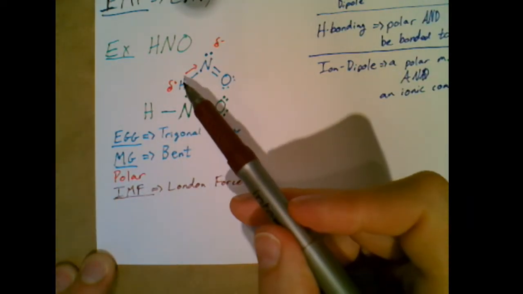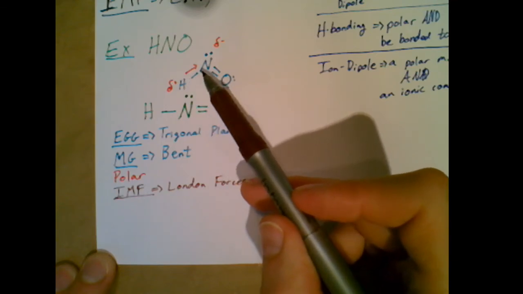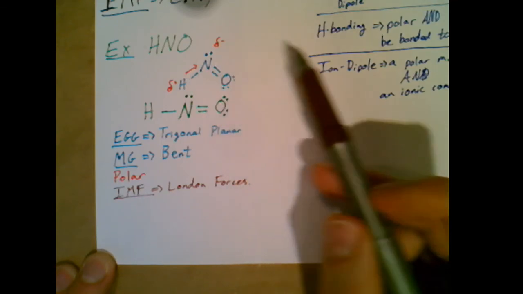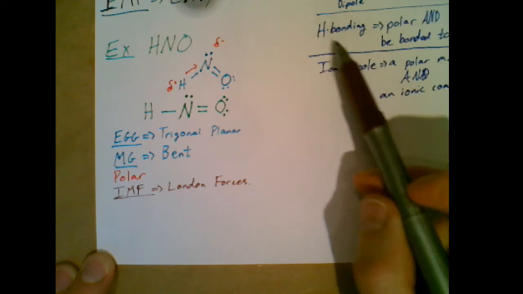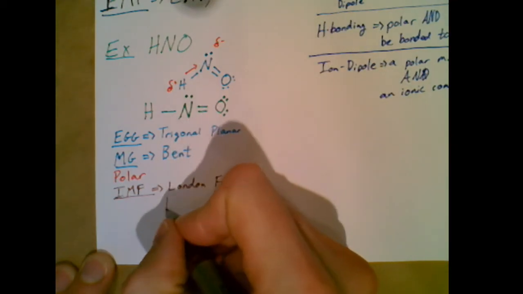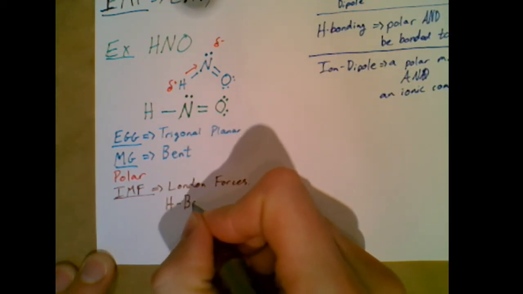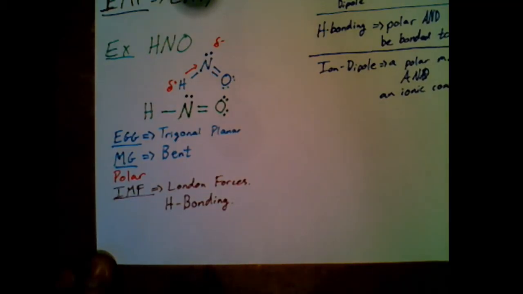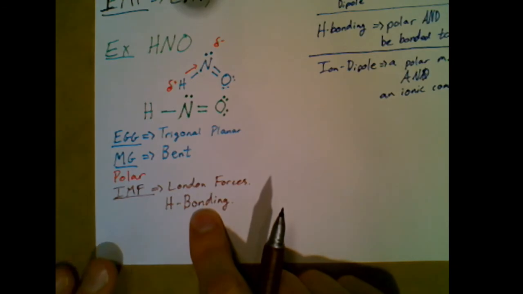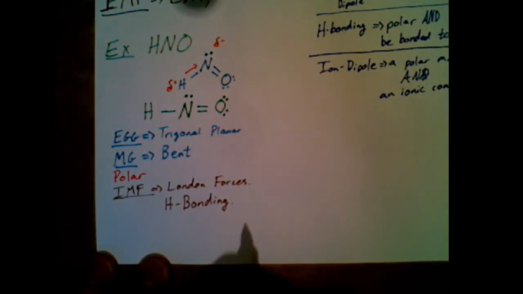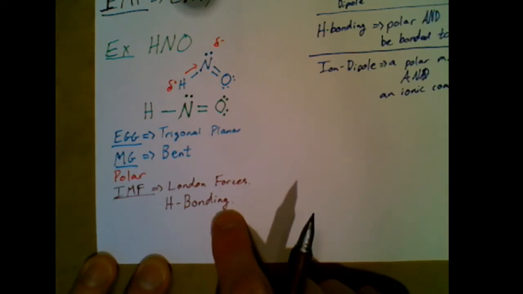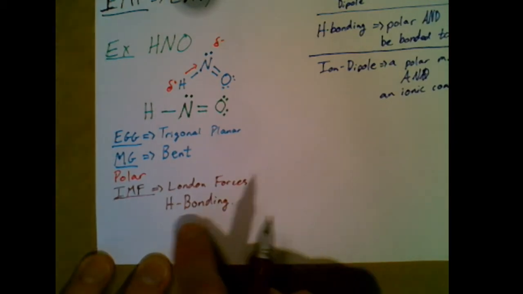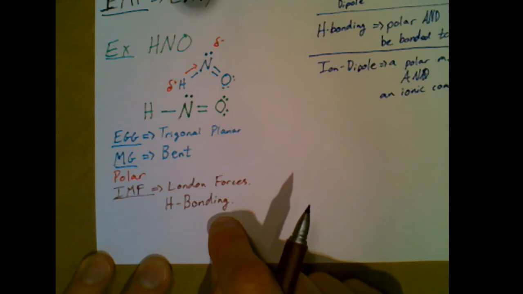Now the next thing I want to point out here is you have hydrogen bonded directly to nitrogen in a polar molecule. We're talking about hydrogen bonding. Now, a lot of people then ask, okay, do I need to write dipole? I would personally say no, you don't need to, because the dipole itself is the hydrogen bonding.